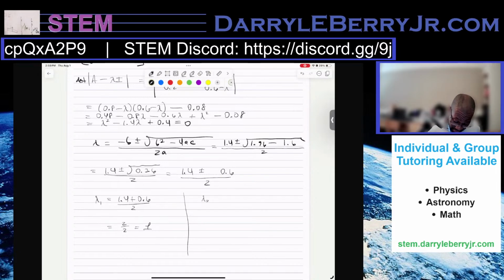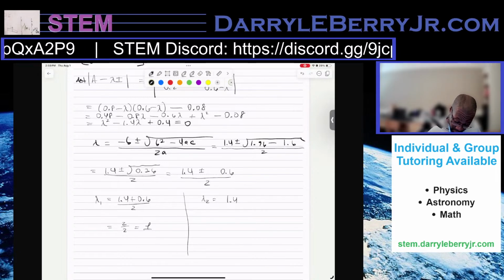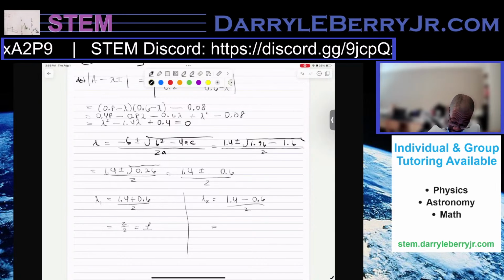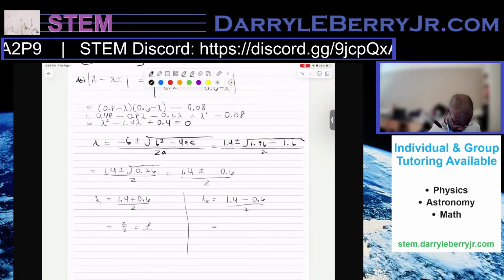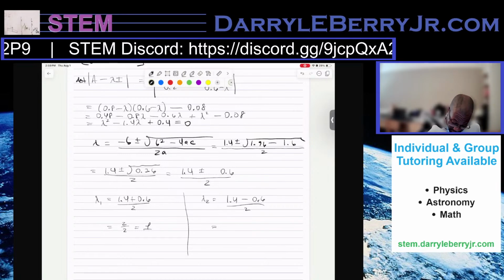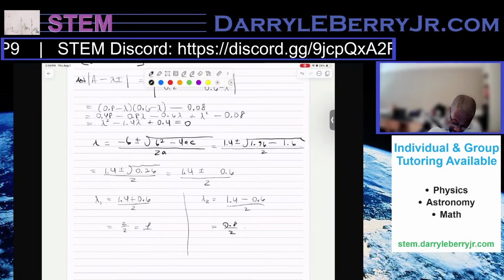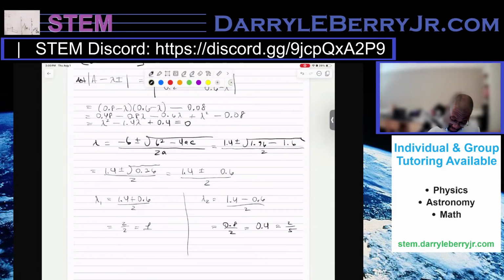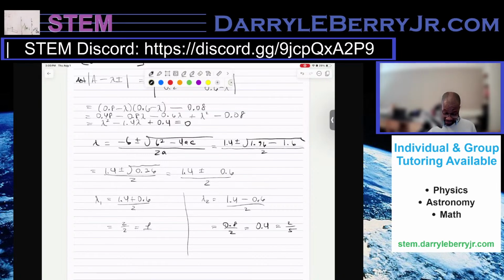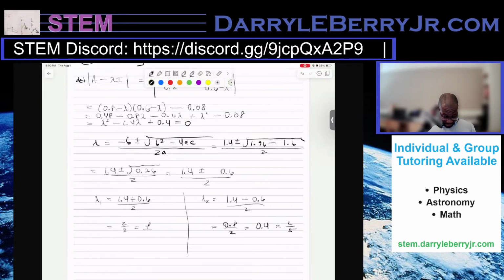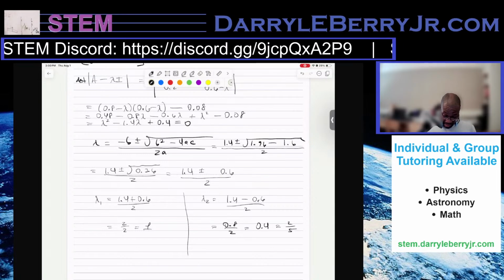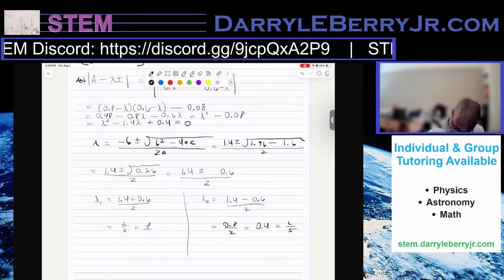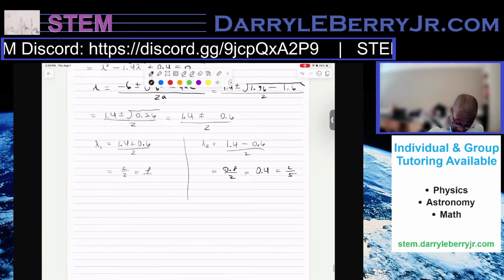And then lambda 2 equals 1.4 minus 0.6 over 2, which is 0.8 divided by 2, so that equals 0.4, so that equals 2 over 5. So you can see how the process has given us round enough fractions. I mean, it's not round numbers, but it's round fractions to keep us going. So that's okay. So now I have my eigenvalues.